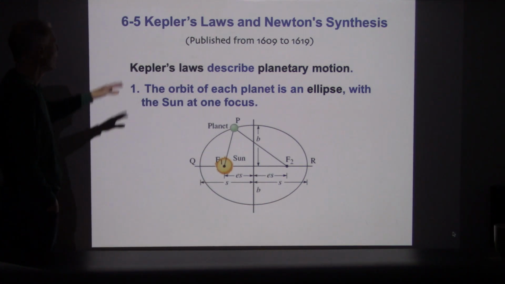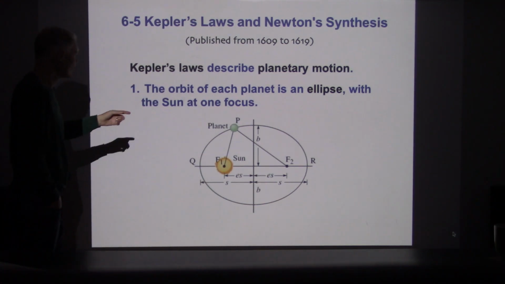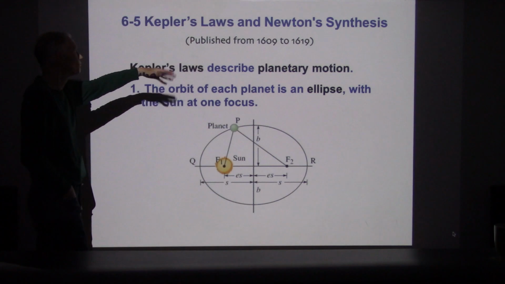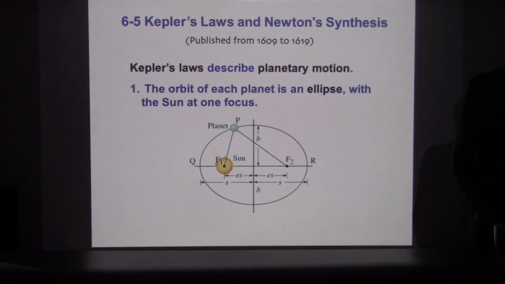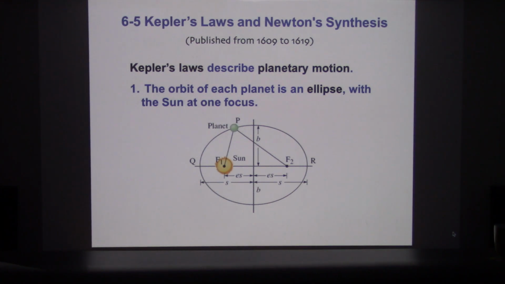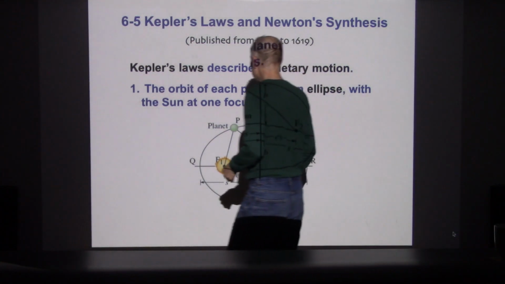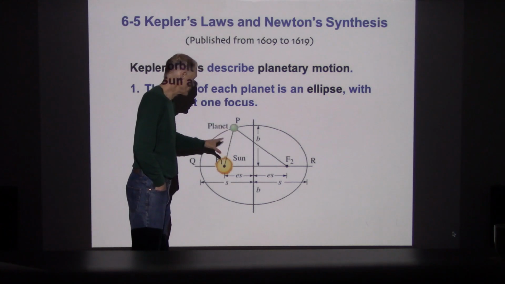So just for reference here, Johannes Kepler published these findings between 1609 and 1619. Now that's like 70 years before Newton came up with formulas for gravitation. So this was 60, 70 years before Newton developed his ideas mathematically. Kepler did everything geometrically.